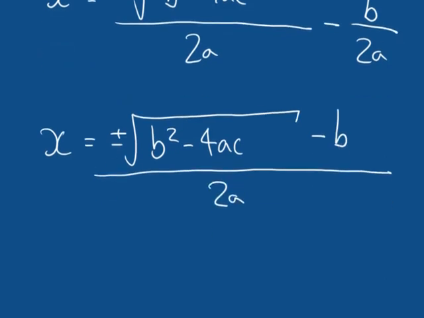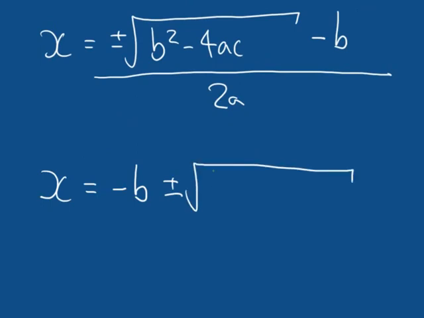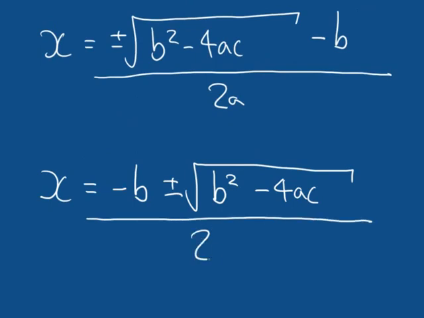And this is more commonly written as the form that you will see in pretty much any maths textbook. This is the form of equation for solving a quadratic equation, and that is x is equal to minus b plus or minus the square root of b squared minus 4ac all over 2a.